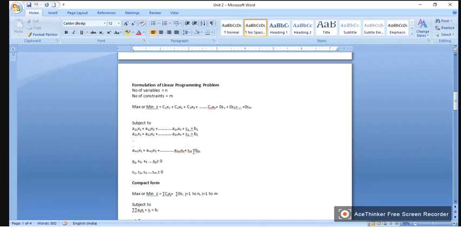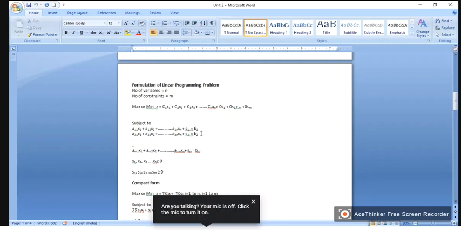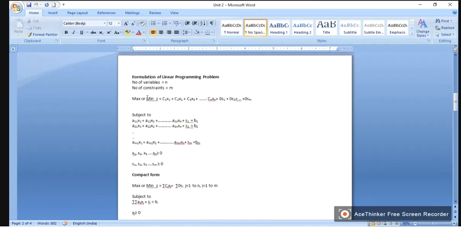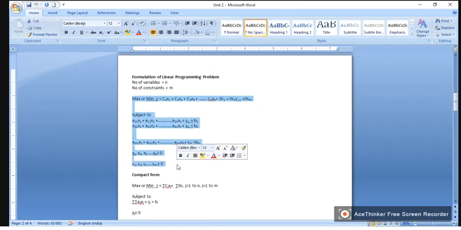You can see, in the original problem, the constraints can be less than or equal type or greater than or equal type, but by adding some variables or subtracting some variables, we have to make the left hand side equal to the right hand side. Okay, so if we write the formulation in this format, it is called the standard formulation.